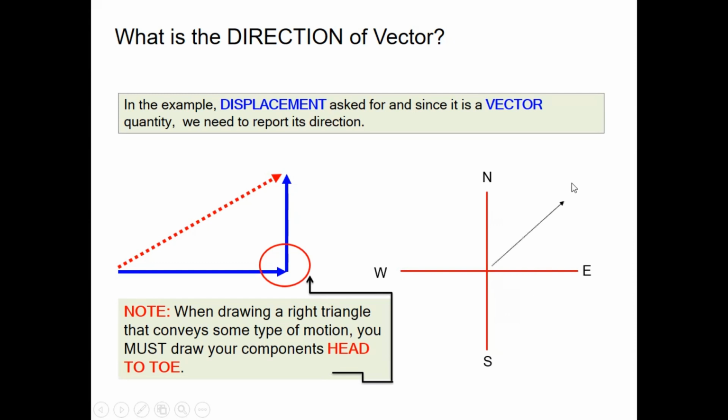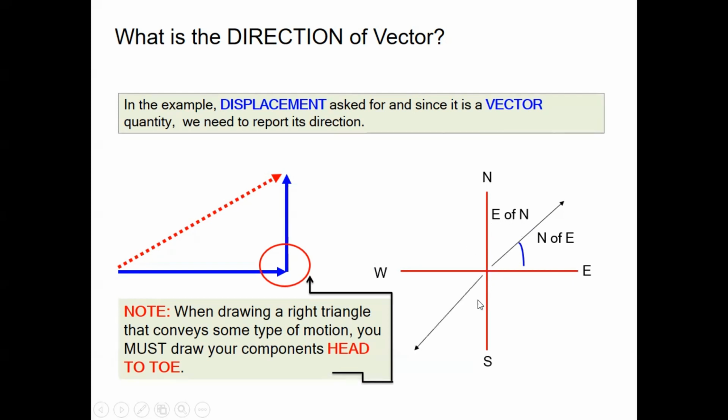So if I am going to draw a vector with a certain angle, then we can say that in this quadrant, all the vectors are pointing north of east. Any vector here will be north of east. Any vector from this to this position will be east of north.